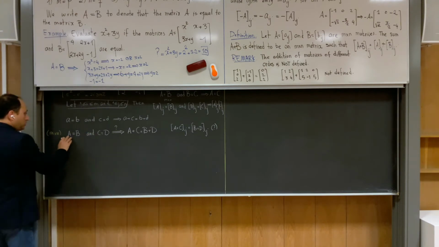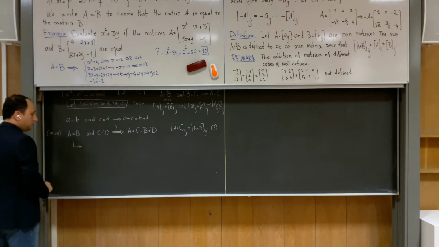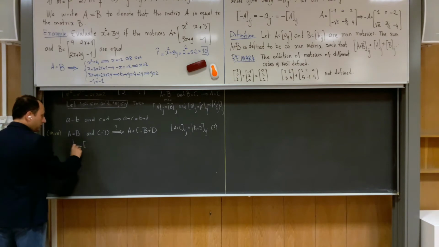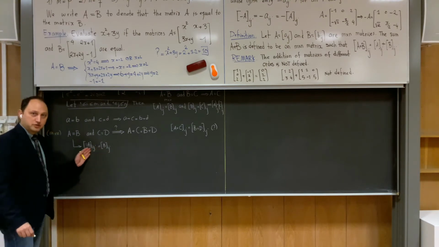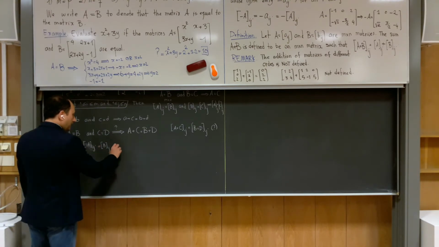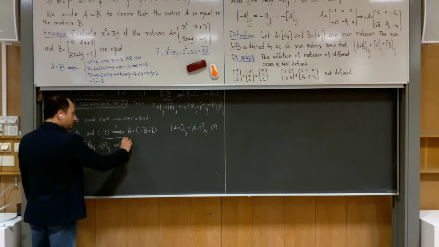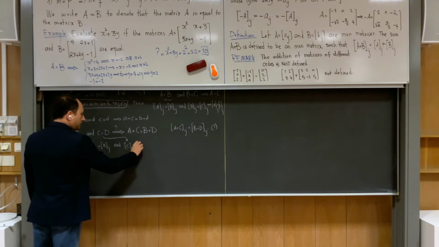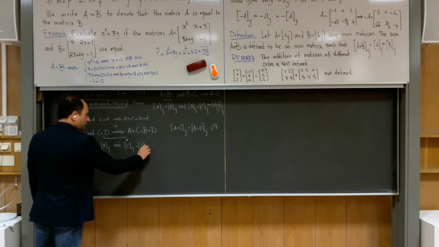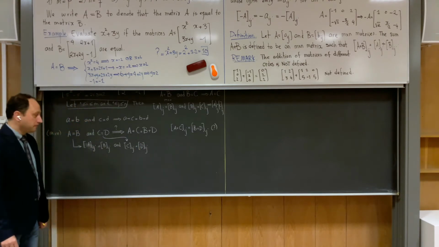So I would say that, okay, you are telling me that these two matrices are the same. So based on the definition of equality, I can conclude that the ijth entry of A is equal to the ijth entry of B at the level of numbers. Yes, these are numbers. And you are also telling me that C is equal to D, so I can conclude that the ijth entry of C is equal to the ijth entry of D. Yes?